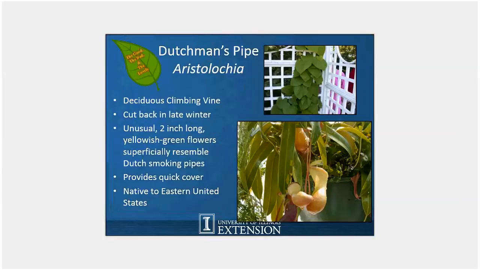It has these unusual, and I really don't know how to describe it, they say resemble the Dutch smoking pipes. Sometimes I can see it and sometimes I can't. But they're a yellowish green, about 2-inch long flower. And as I said, it does provide a very quick cover, and it is native.